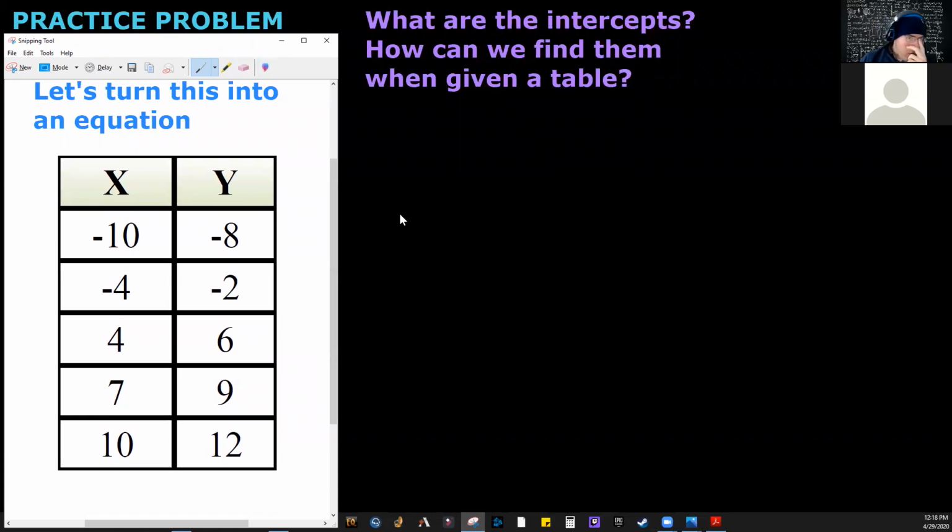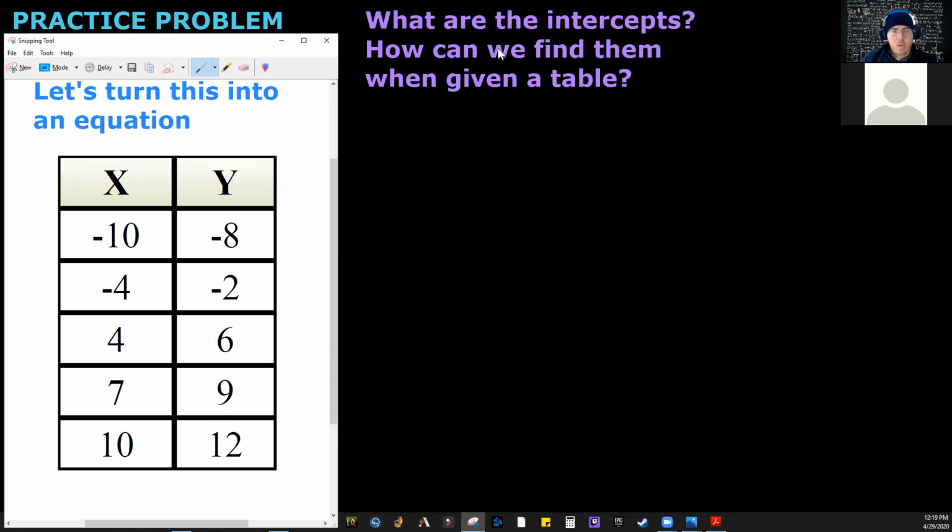Okay, so our goal right now is to figure out what the intercepts are, but that takes a process. First, to do this, I should get the equation for this function, and then finding the intercepts is much, much more possible. So we're going to start with the equation.